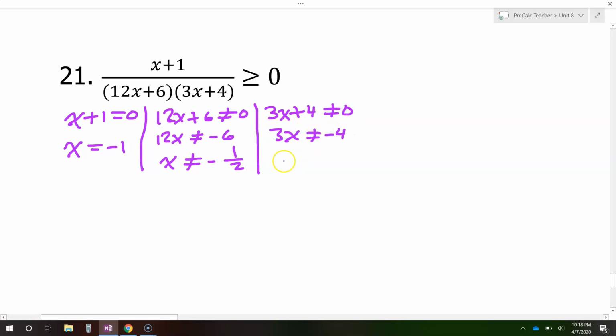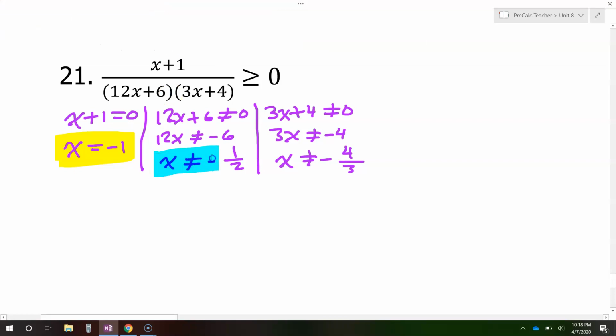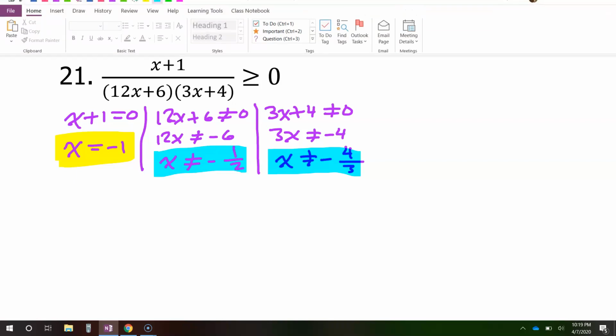I subtracted 4 from both sides. That means that x cannot equal -4/3. So these are my critical values right here. Time to highlight them. Here's one that x can equal. These two are the two that x cannot equal.